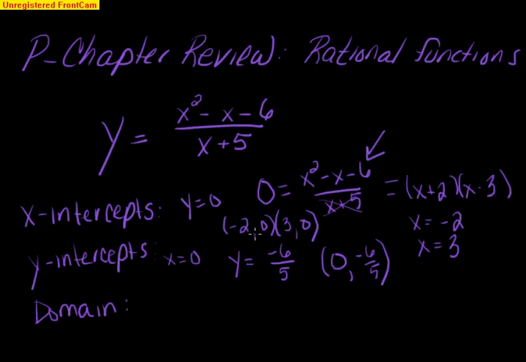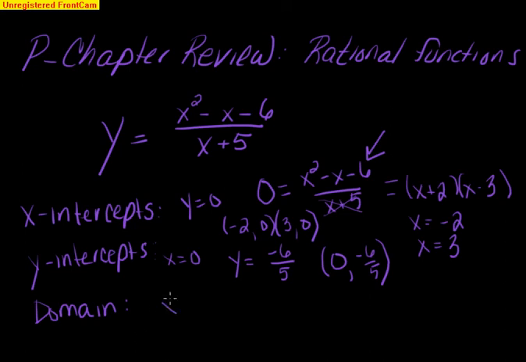So now we have 3 points in our graph. We have the 2 points where it crosses the x-axis and the 1 point where it crosses the y-axis. And then finally, what's going to be asked often, especially with rational functions, is what about the domain? Now, when you think about domain and domain restrictions, there are 2 issues. There is a situation where you can never have 0 in the denominator, or you cannot have a negative under an even root. Well, we don't have any roots, so we don't have to worry about that.